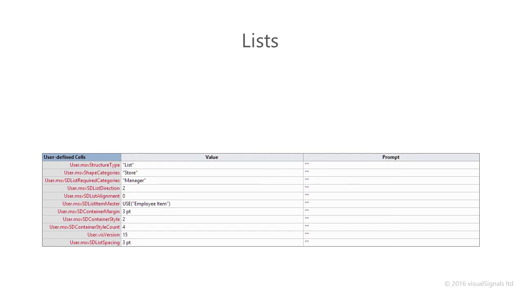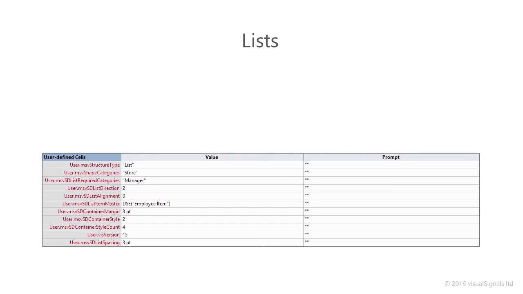The next cell to look at is shape categories, which is a cell that can be applied to any shape and allows you to effectively tag shapes as belonging to a particular category. This in turn can be used with an inclusive or exclusive filter, such as SD list required categories, the SD being structured diagramming, to allow or prevent item shapes of a particular category being added to this list.